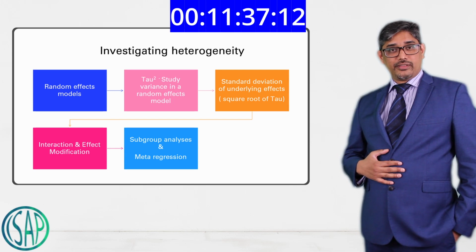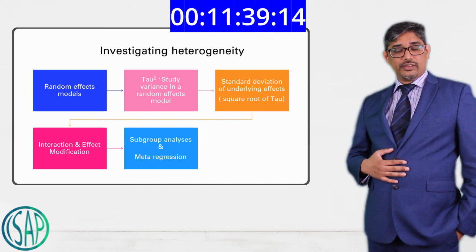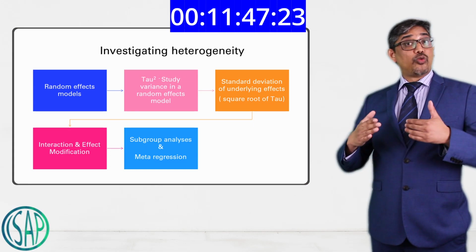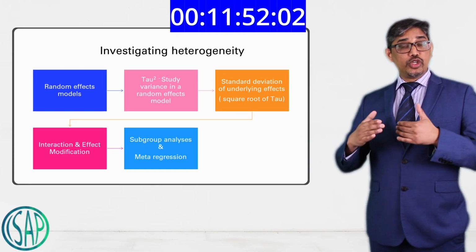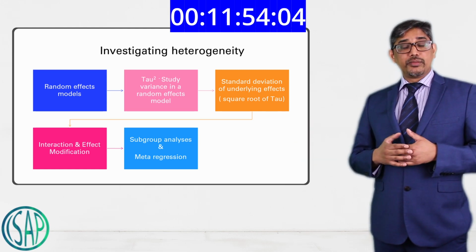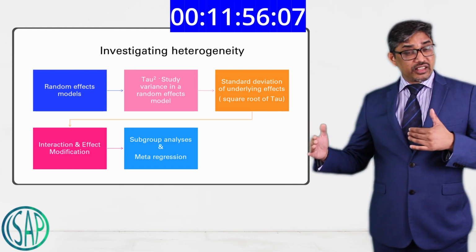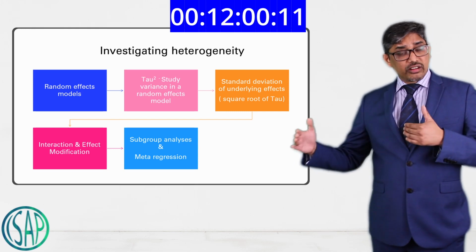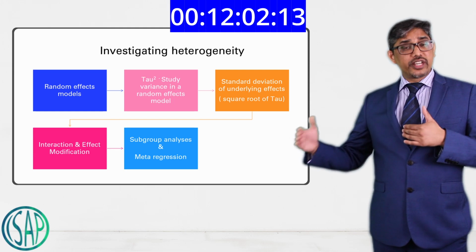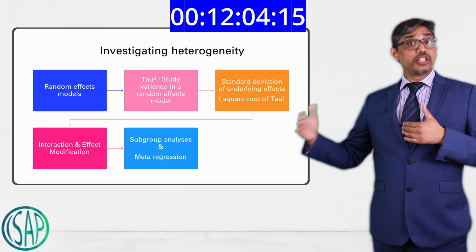Can you explain how heterogeneity and tau are linked? Tau is nothing but estimated standard deviation. So when there is a huge standard deviation, that means that there are wider confidence intervals. That means that the pooled estimates have assumed wider confidence intervals, which means that the estimate is not precise in the first instance. So when the estimate is not precise with wider confidence intervals, there is a huge standard deviation, there is a high tau value.